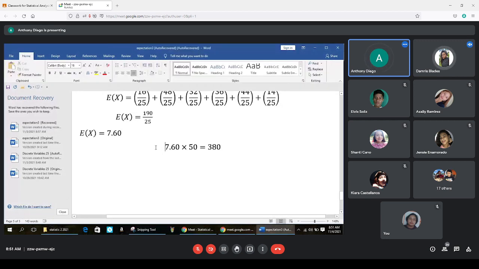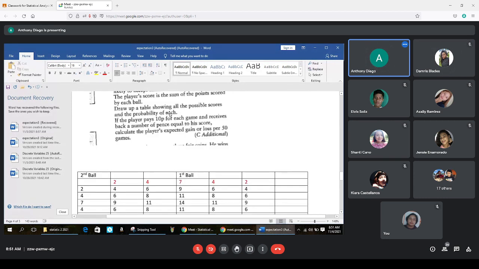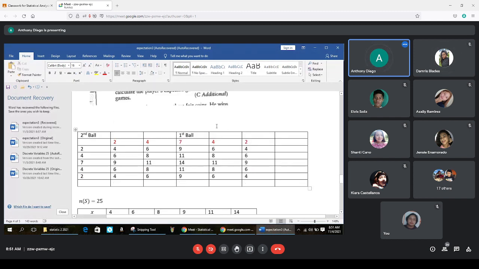Now, this is what he would have earned when playing the game. But remember, he paid 10 pence. So we're going to be multiplying 50 by 10.